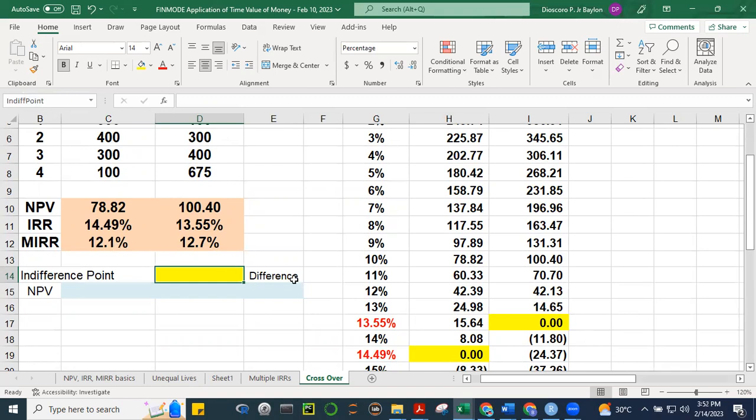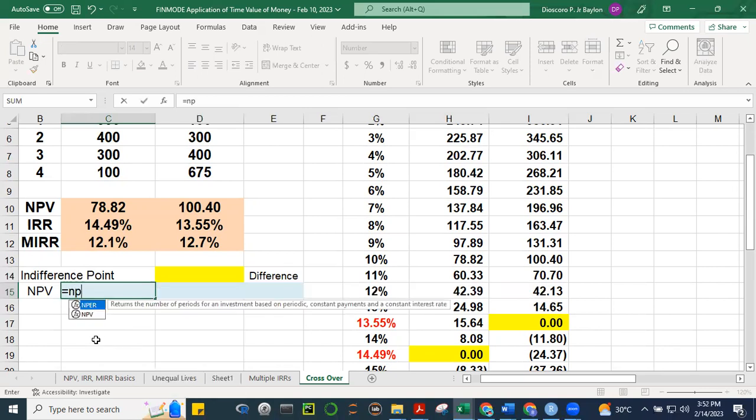Okay, I'm giving this a name, indifference point. So gusto natin ma-compute yung indifference point na to. That is, we couldn't care less whether we choose project S or project L.